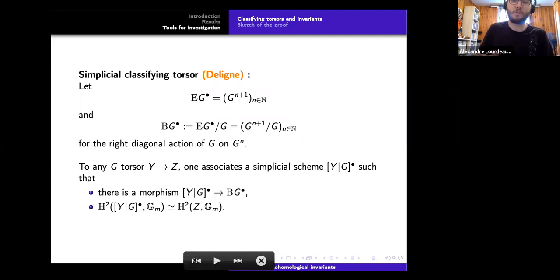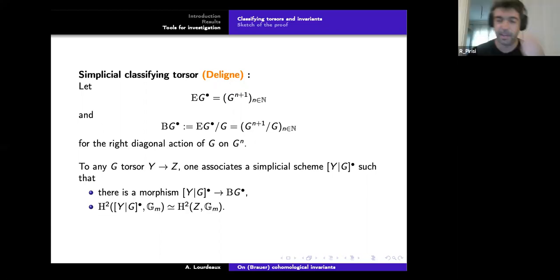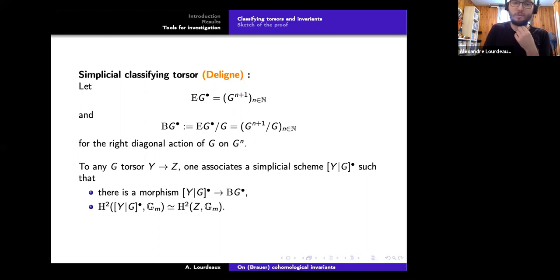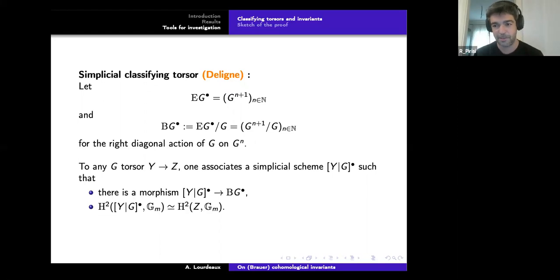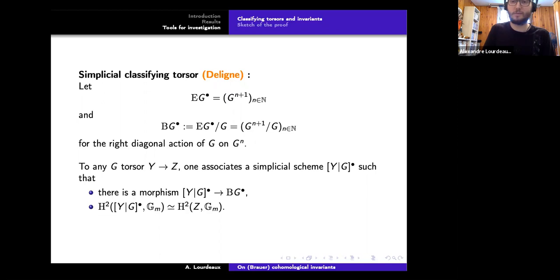At the time I didn't really know a lot about stacks, and there was literature for this: the article by Deligne, Hodge theory 2 or 3. And this was clear. I had nothing to add to what was made. But I'm sure it should work with stacks, but I don't know.